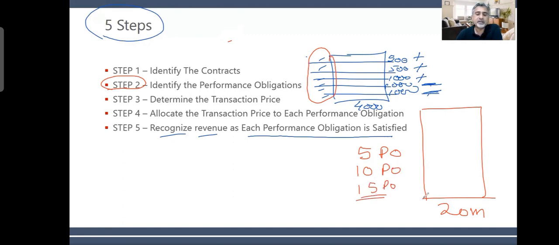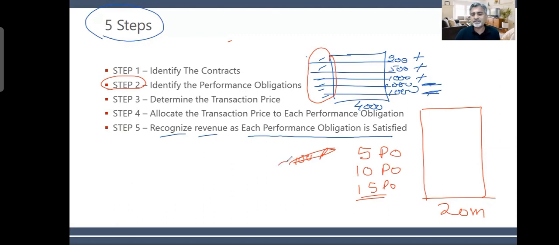How many? Because I don't want to be too complicated, and I don't also want to be inaccurate. So I have to keep a balance between accuracy and complexity. Because if you start saying, oh, I'm going to make 100 performance obligations, every little thing is going to be a separate performance obligation, you will make your life very difficult. 100 performance obligations probably would bother you a lot.